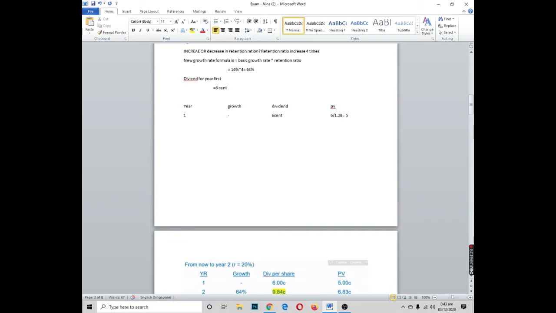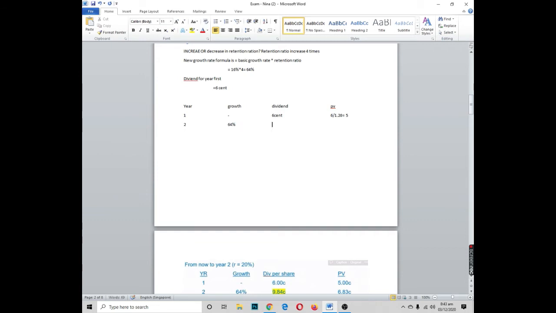In year 2 we find the new growth rate is equal to 64%.